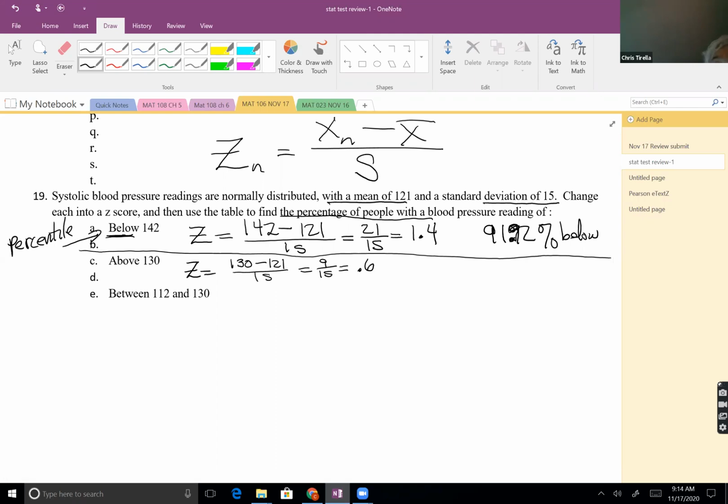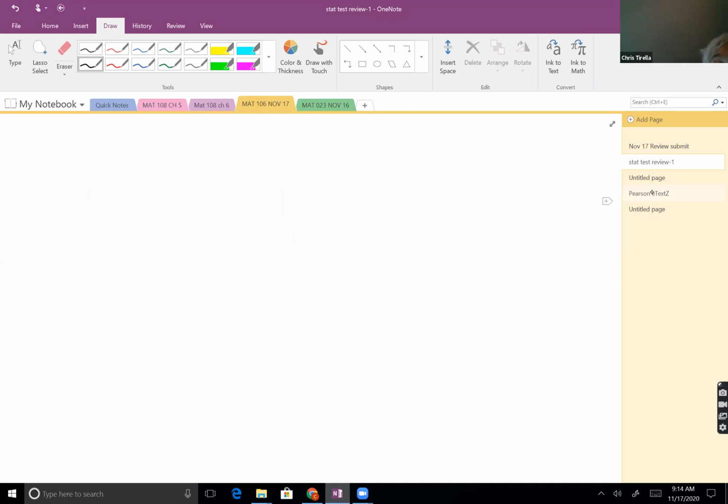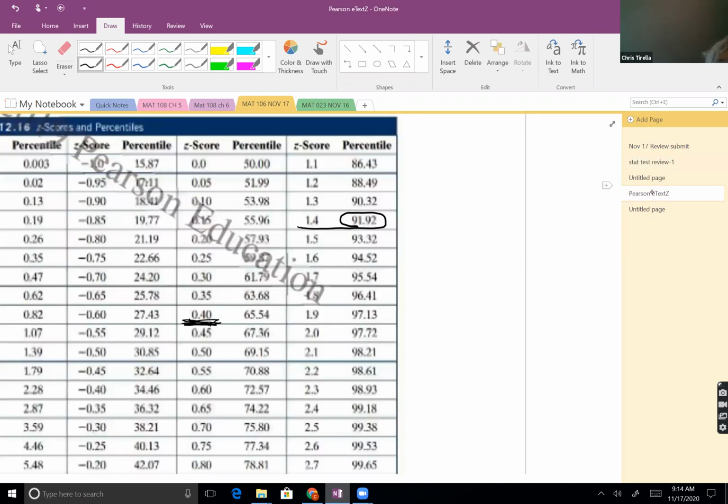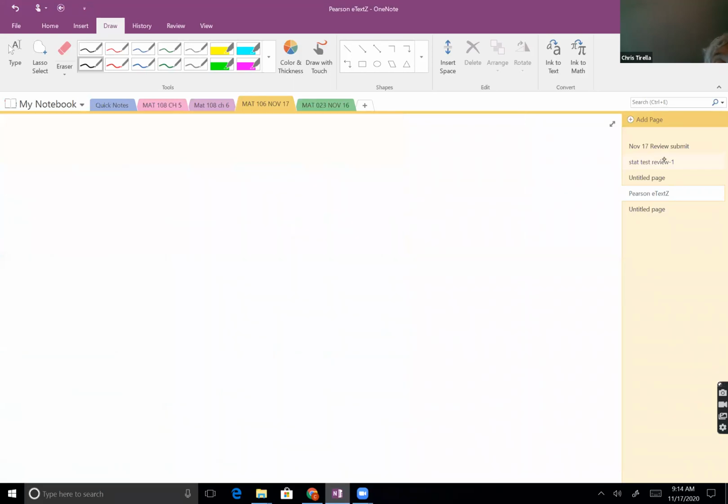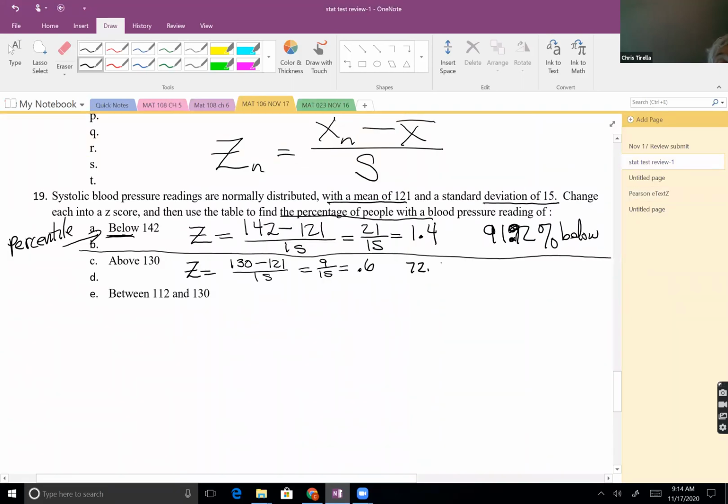And so 0.6 from the table is 0.60 is 72.57%. So that's 72.57% below.